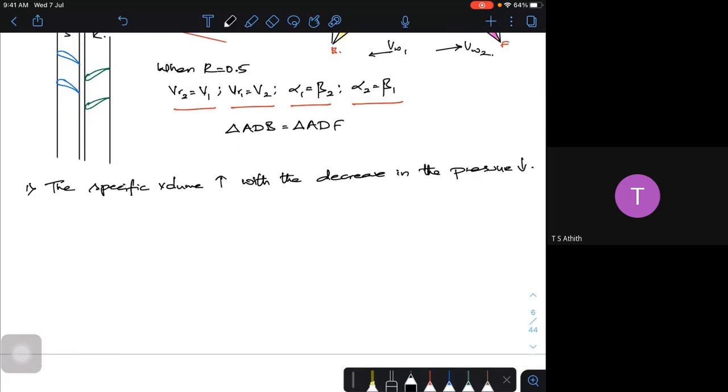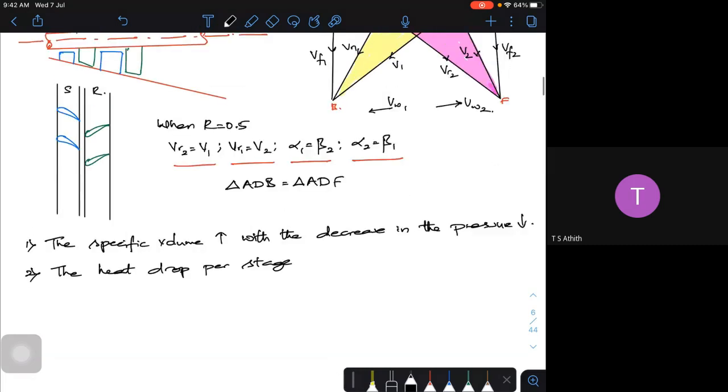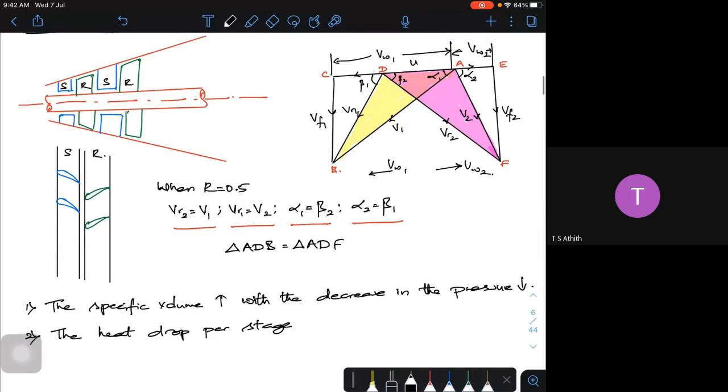The second thing, the heat drop per stage. Okay, heat drop per stage. Maybe when I compare to the previous stage, it slowly increases. That is, the heat drop in the first stage, heat drop in the second stage.